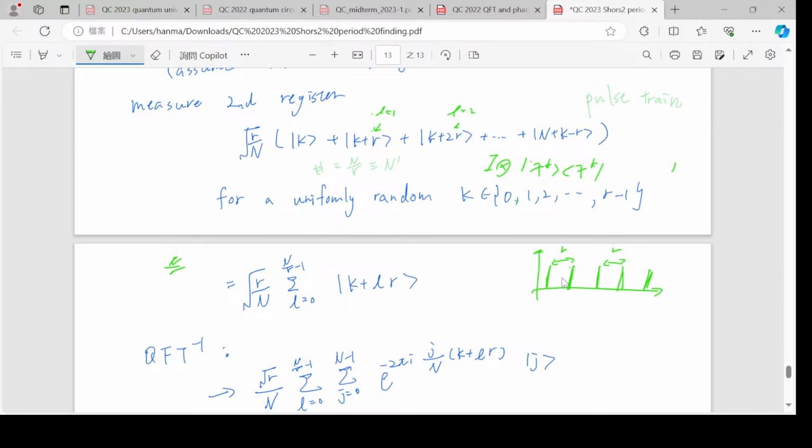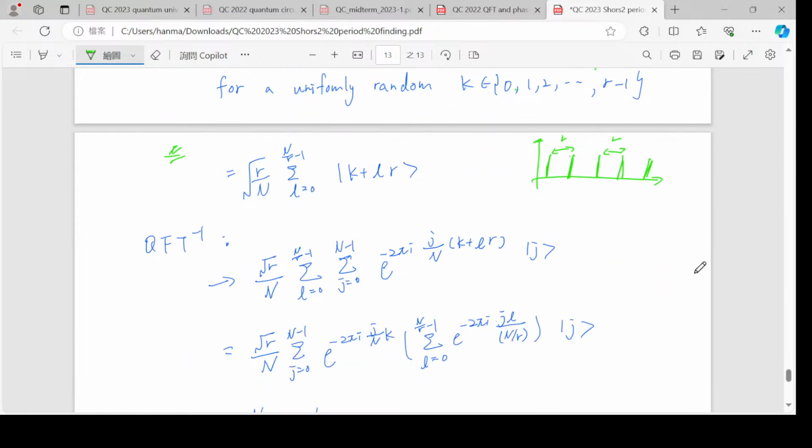And it's well known in classical signal processing that if you do a Fourier transform on this, you will get another impulse train. So the impulse train transforms back and forth: you have an impulse train, you Fourier transform, you get another impulse train, and if you transform back, you also get an impulse train.